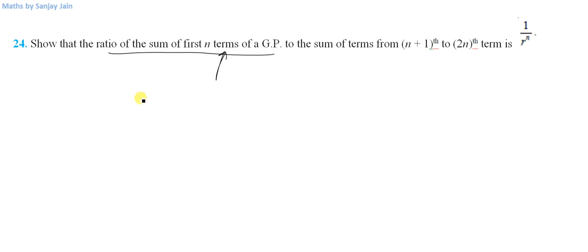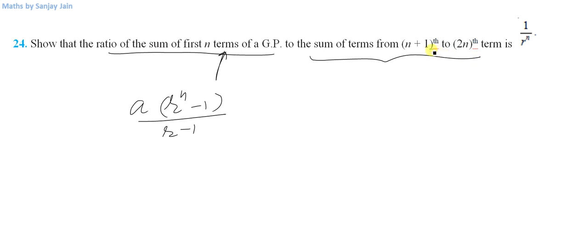So the sum of the first n terms is a(r^n - 1)/(r - 1), and we need its ratio to the sum of terms from the (n+1)th to the 2nth. If you notice, from the (n+1)th to the 2nth there will be n terms, right?